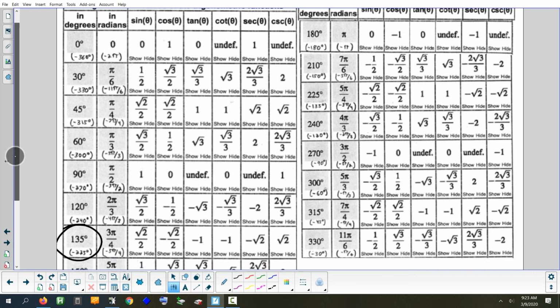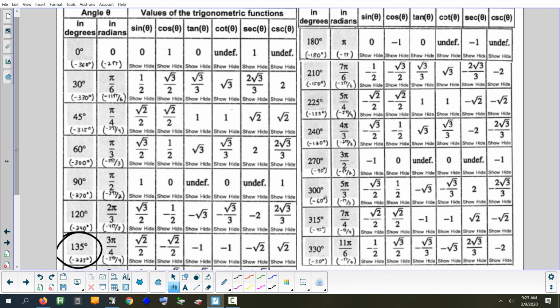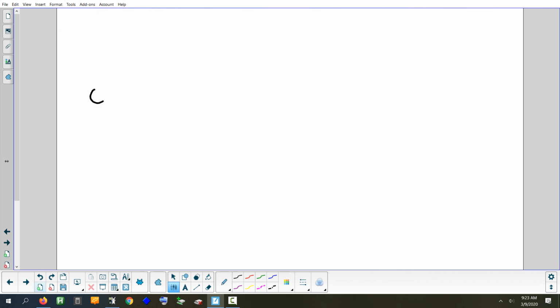Look at your chart. What happens if you try to equal 90 in the tangent column? Undefined. You can't do that. The reason why you can't do it, we saw last week. Tangent was y divided by x.